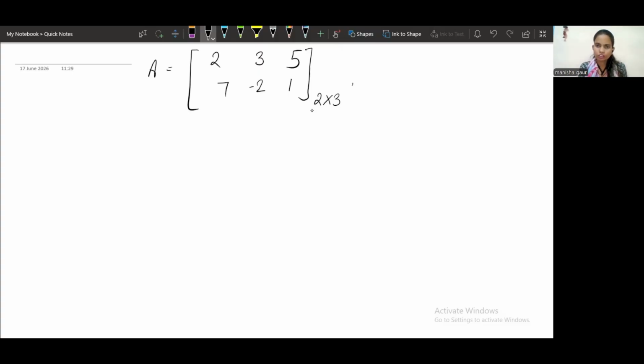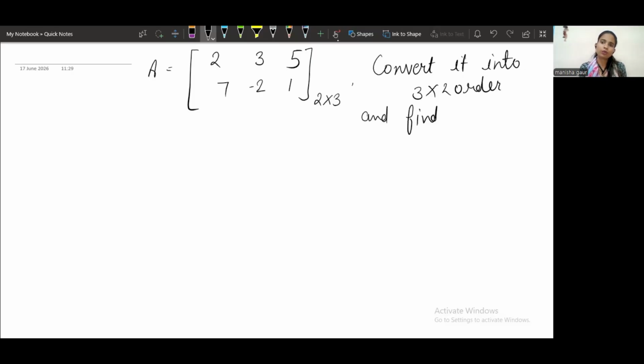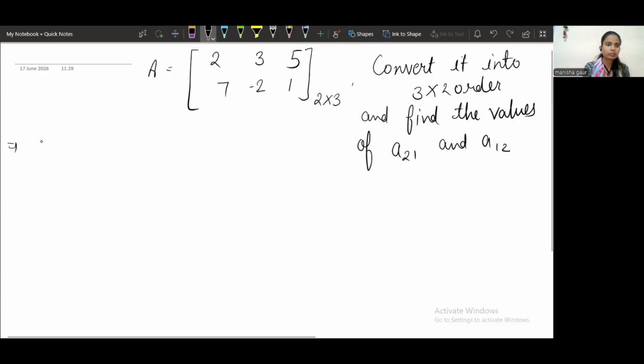Now, the question is convert it into 3 cross 2 order and find the values of a21 and a12. Okay. So firstly we will convert it.